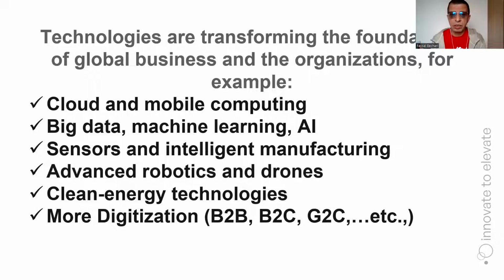We are also getting advanced in sensors and intelligent manufacturing, advanced robotics and drones. And you know, much of the war in Ukraine right now is utilizing drones. Also clean energy technology, and guess what? More digitization: B2B, B2C, G2C, which is government to citizen, and business to consumers.